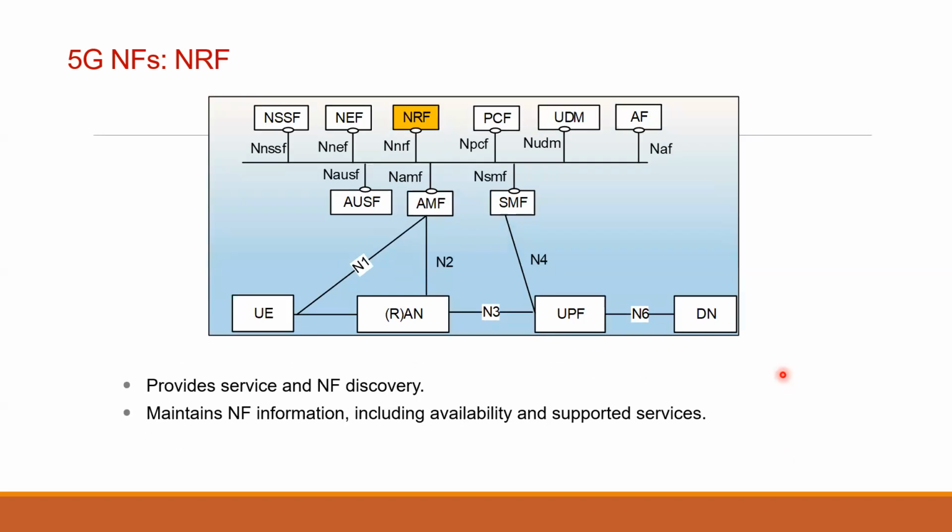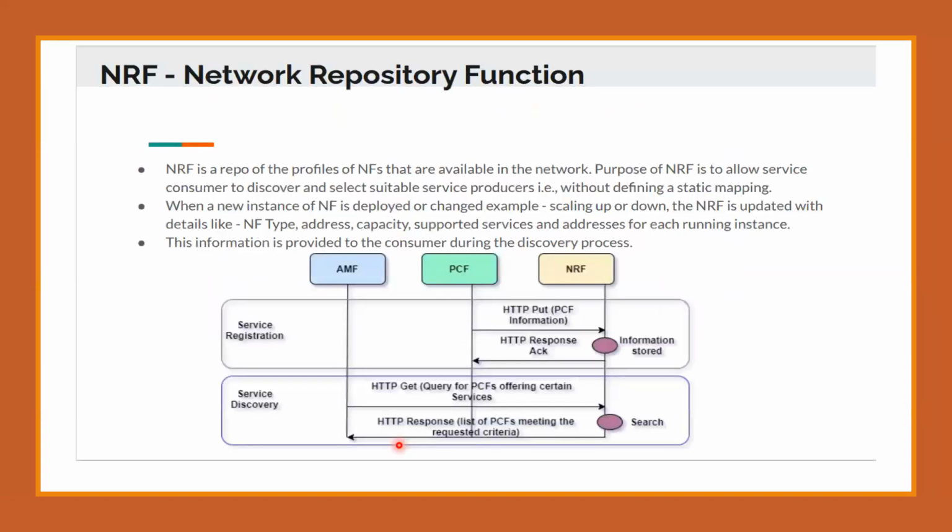Okay. The next network function is your Network Repository Function. It provides service and NF discovery, and it's responsible for basically maintaining the information of all the network functions. A little bit more descriptively, it keeps track of all your network functions.